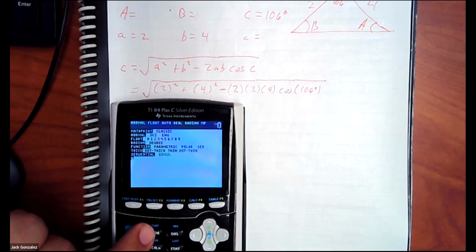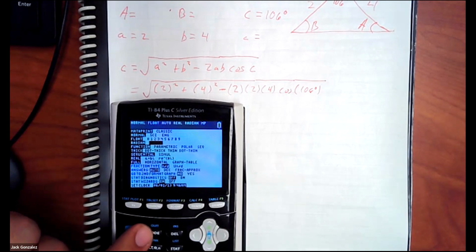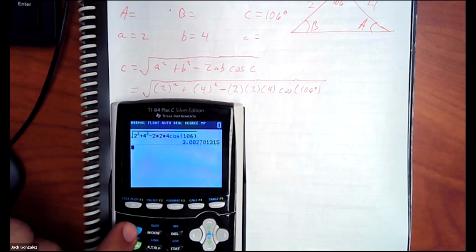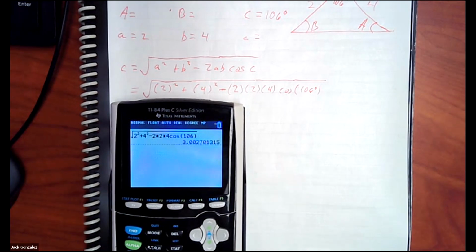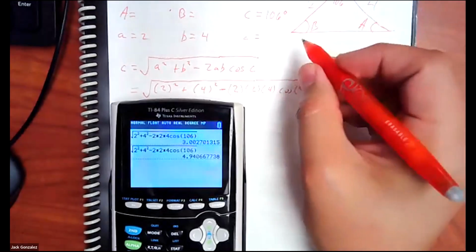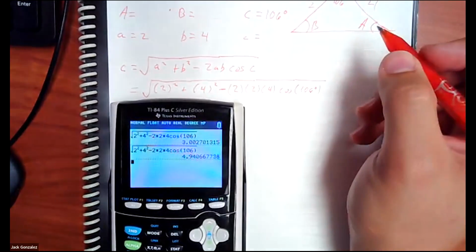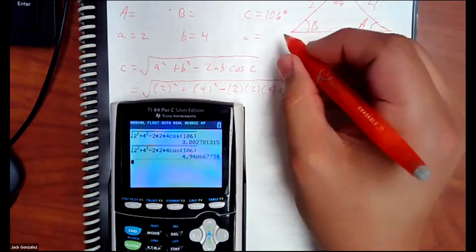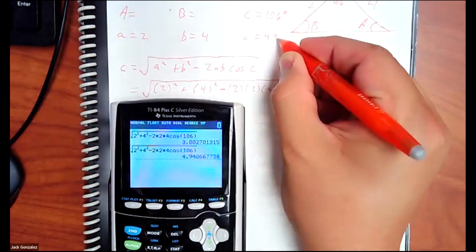Double check that I'm in degrees, and I am not. So I'm going to redo that calculation. There we go. So c is 4.94. Let's just round to 2 decimal places, I guess.